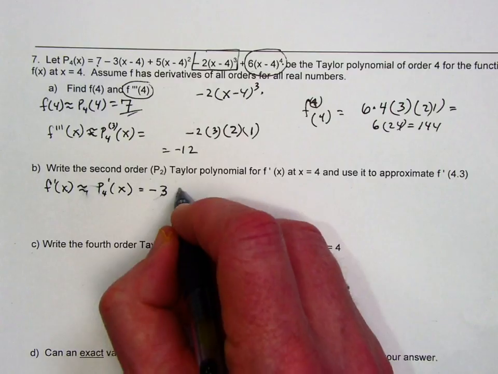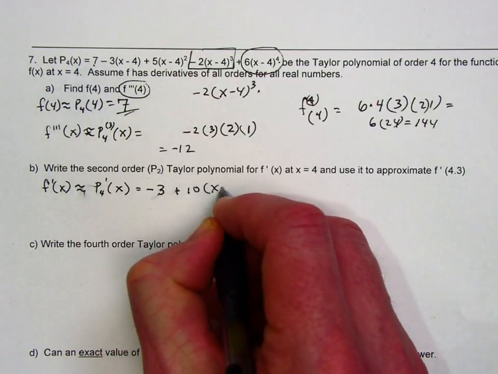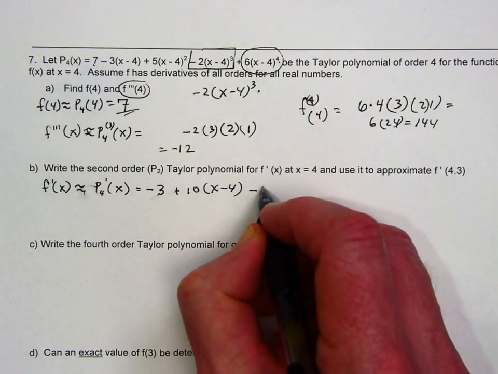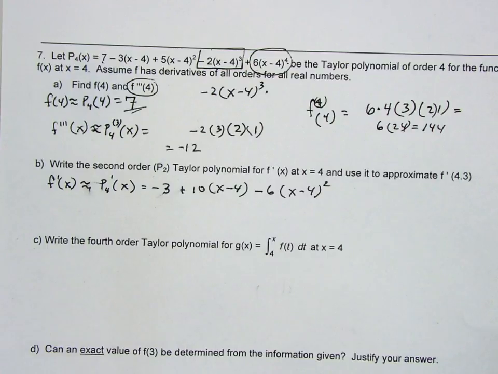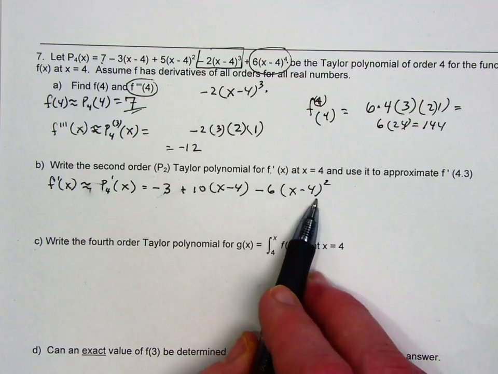Here I get a plus. If I differentiate that, I get 10 times x minus 4. That's a P1. We got to do one more. So I get negative 6 times x minus 4 squared. That's my first derivative, but it's the P2.